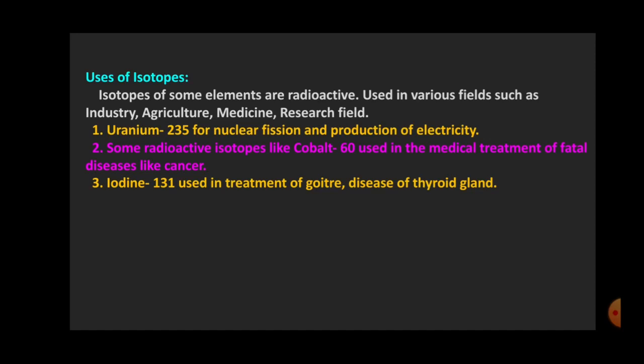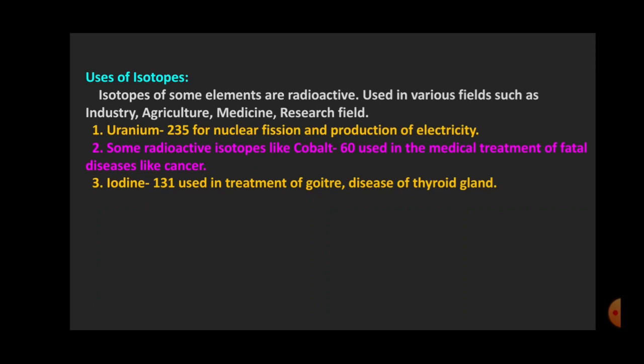Now the very first isotope is uranium-235. That is the isotope of uranium. So this uranium-235 is used for nuclear fission and production of electricity.